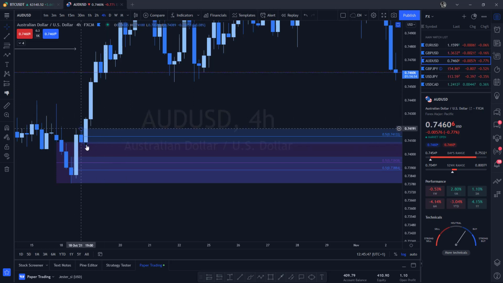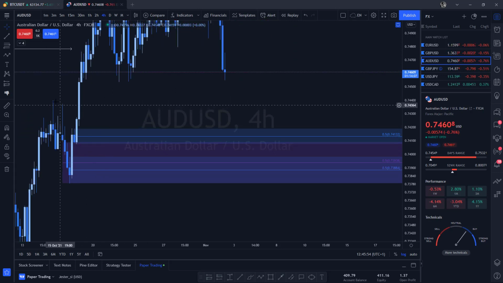This is the last sell to buy with some imbalance left open that broke structure here, and this is the origin of the move up.